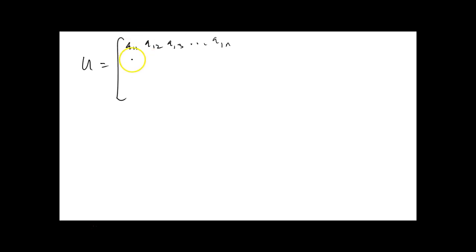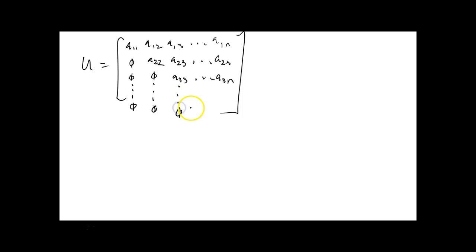This one would be 0, A22, A23, dot, up to A2n. This will be a 0, 0, A33, dot, to A3n, and so on down to A sub nn, where all these are zeros below the main diagonal. That's an upper triangular matrix.